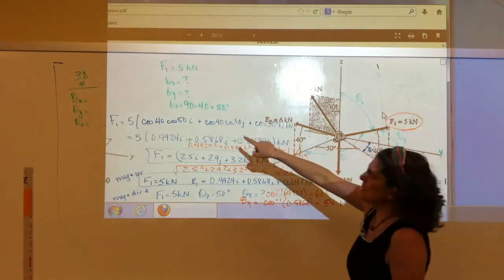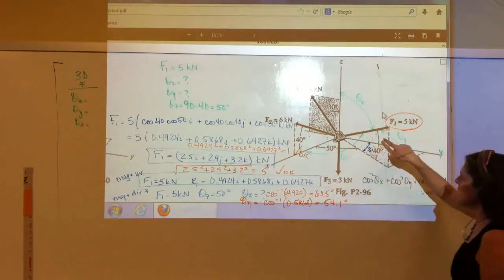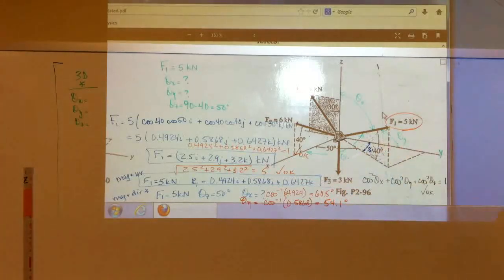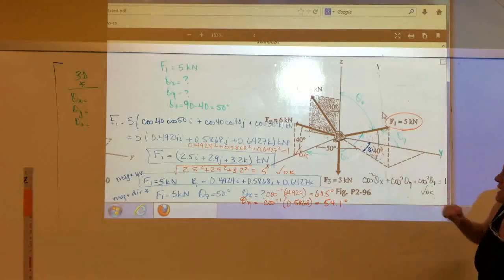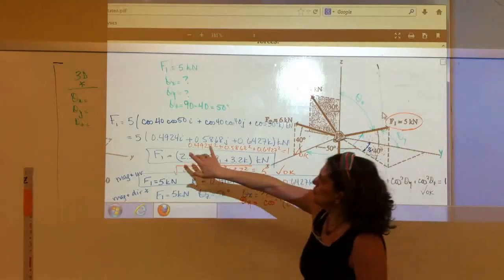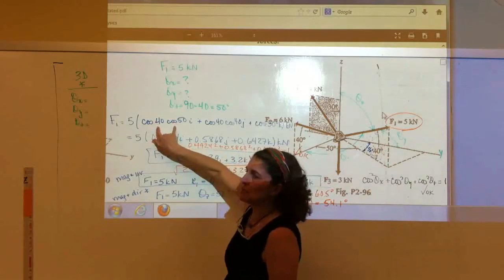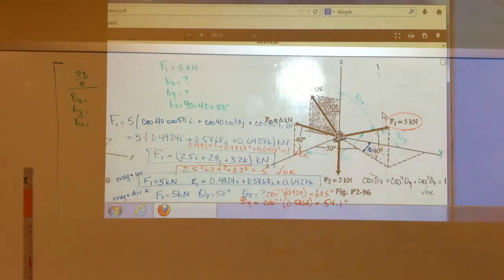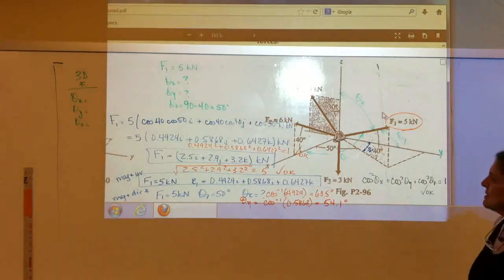We can only determine theta z from here because the angles that are given are projections. And you'll see on the homework assignment that a lot of times we're given projection angles. And we have to use two cosines, two dot products, to find the component of a force on a certain axis.